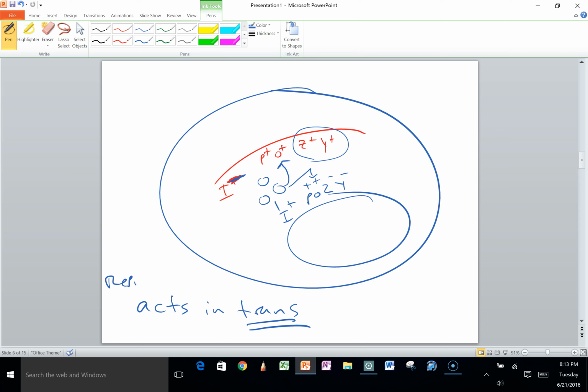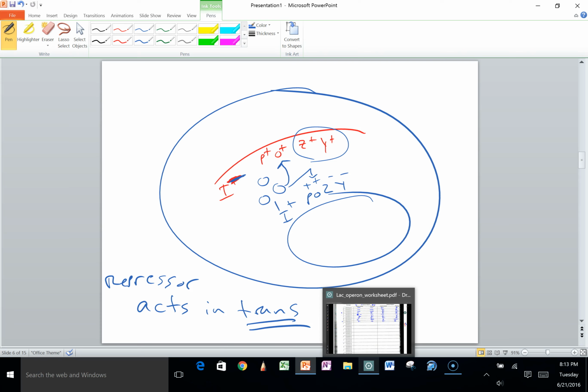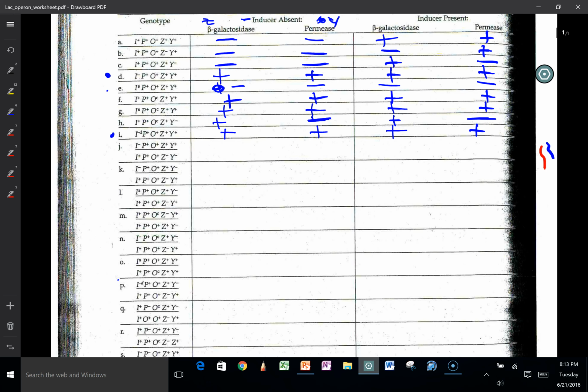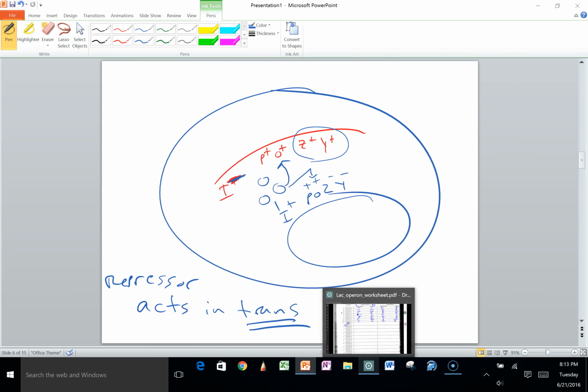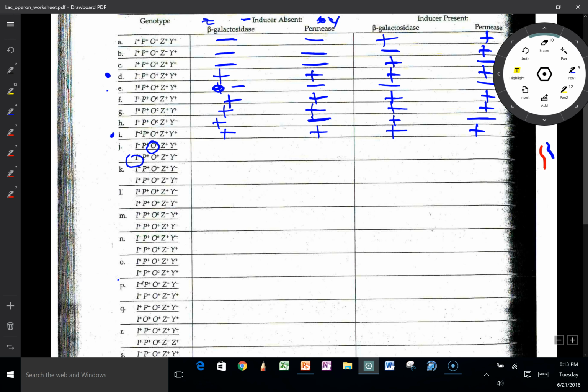And so in all these examples, really the repressor is the only thing we're going to talk about acting in trans. But we have to think about what is the evidence that the repressor acts in trans. It's this kind of experiment that shows that if we supply the repressor on one piece of DNA and show that it acts on the operator on another piece of DNA, that means it acts in trans. And what would that phenotype look like?